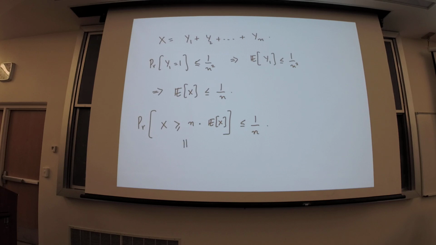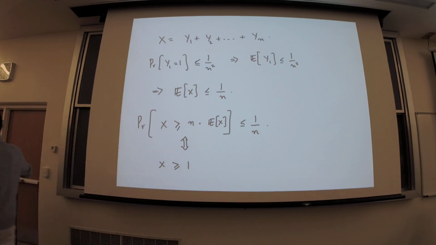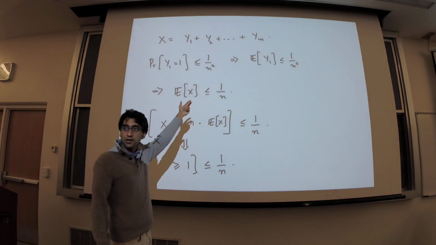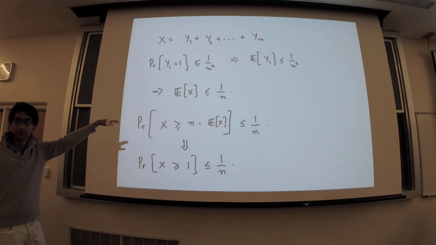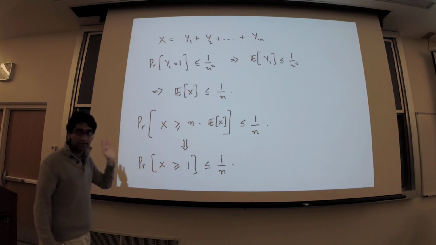And this implies that the probability that x is more than 1 is bounded the same way, because the expected value of x was something smaller than 1 by n. So this is an alternate way of getting the exact same bound that we got before.